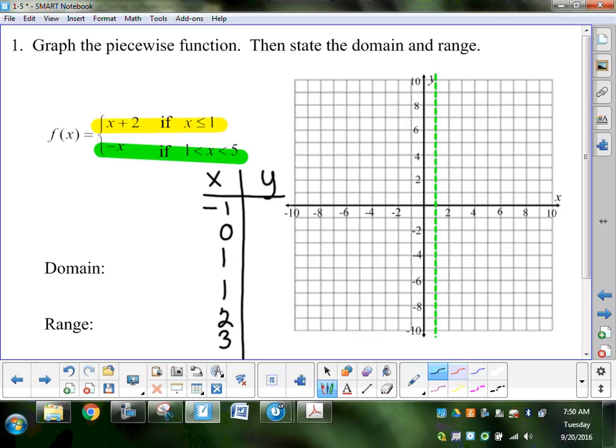When I plug in a -1, which piece will I be evaluating it in? Maddie? Good, so what do you get when you plug in a -1? Good, so I've got a point -1, 1, so I go to -1, 1, and put a dot. Next one up, Eli, which piece would you use for 0?